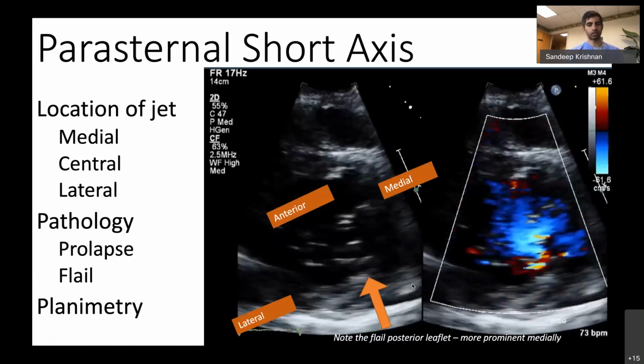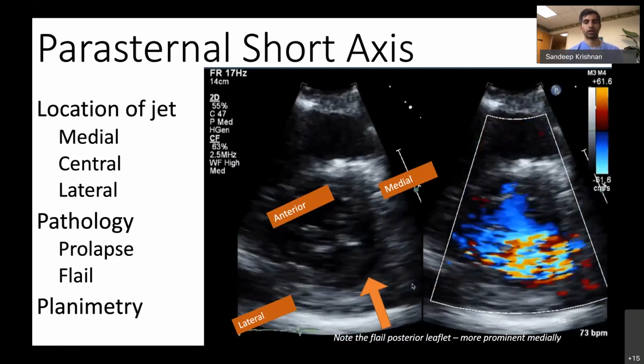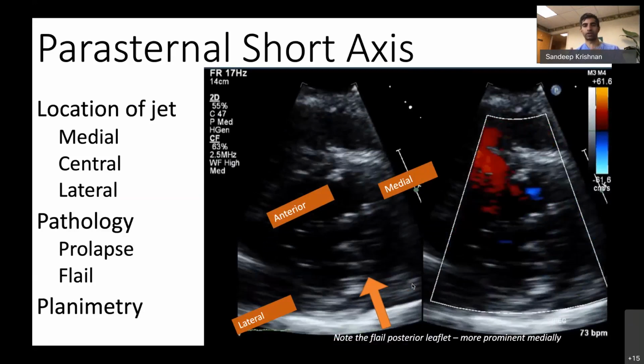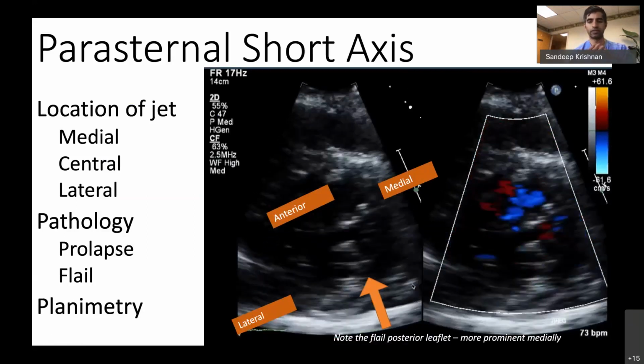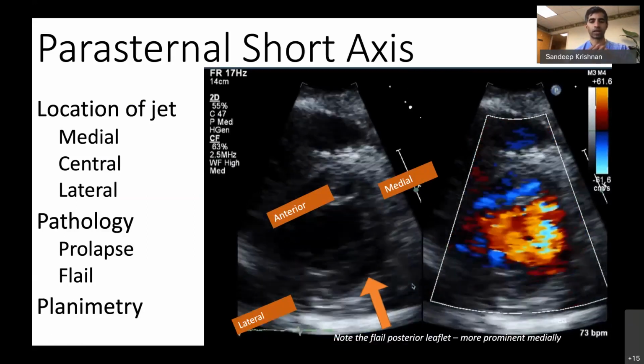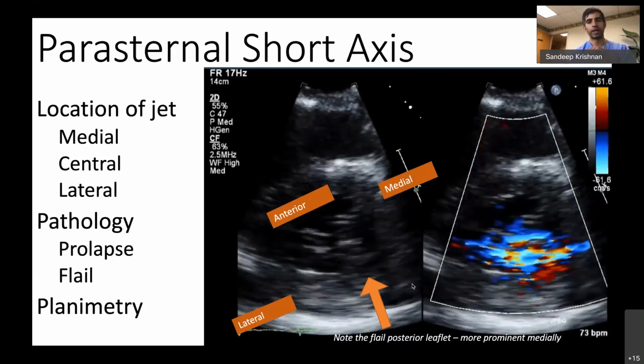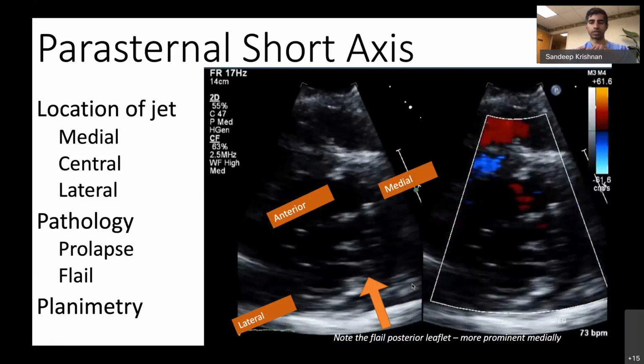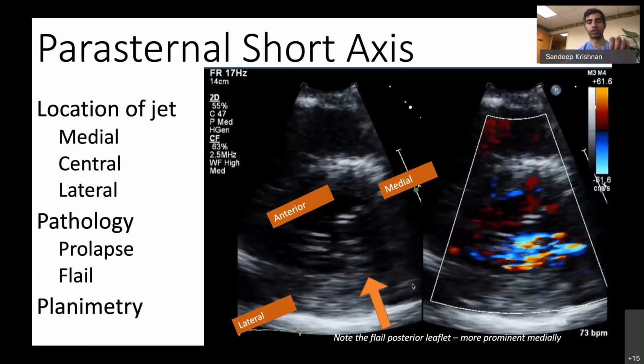Now, I really like this view, the parasternal short axis view, and I really encourage you to take more clips of this, especially if you can get to a point where you're seeing the leaflet tips on the short axis view, because this tells you exactly how wide across your jet is. Is it just in the middle of the valve? Is it the entire length of the valve?